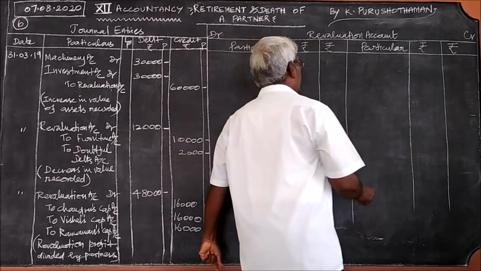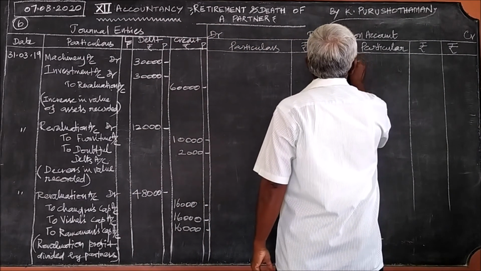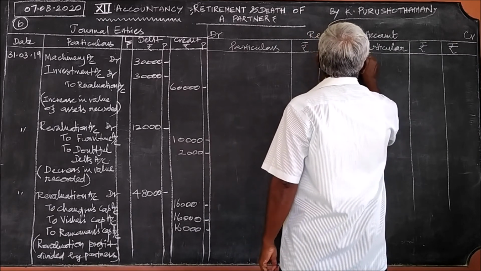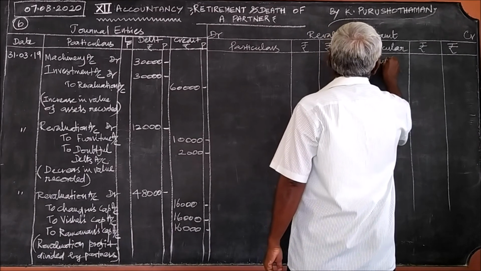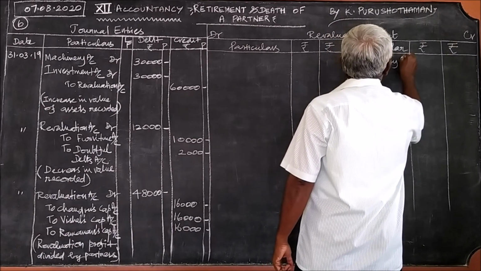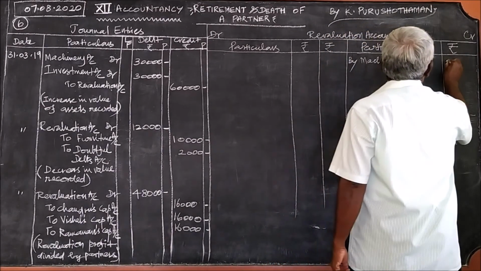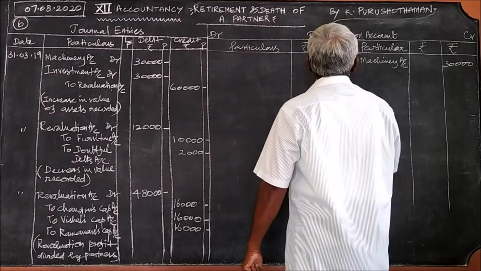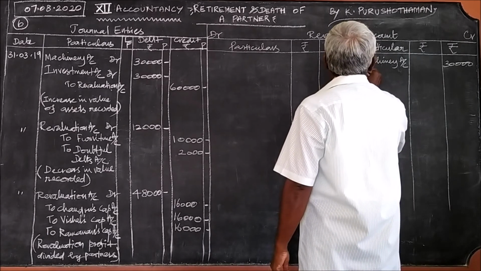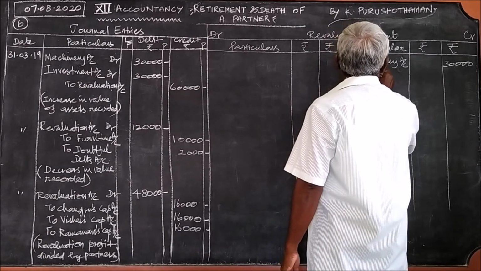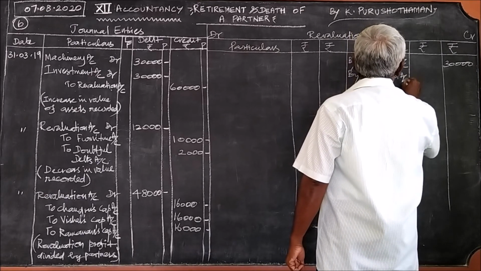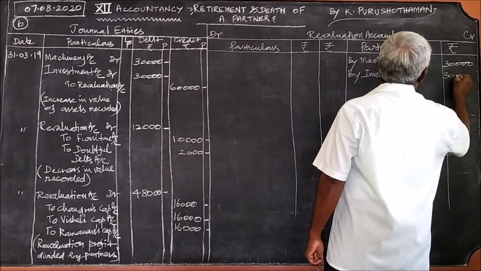Then, what must we write? In the revaluation account, write the profit items on the credit side, that is by machinery account 30,000, by investment account 30,000.